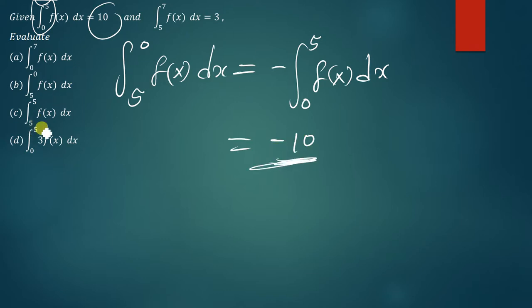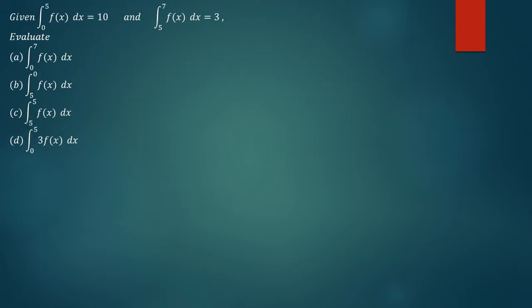So we move on to the other one. Remember what I said: if you have an integral where the upper limit and the lower limit are equal, the answer is simply 0. So there's no need for us to solve this one. Then when we move on to this one, it is also straightforward.